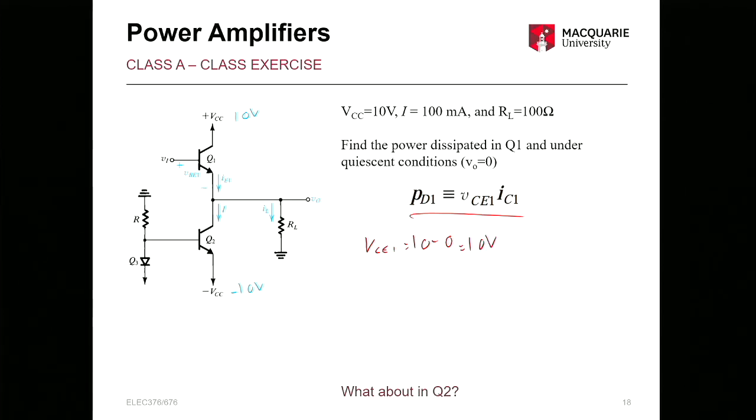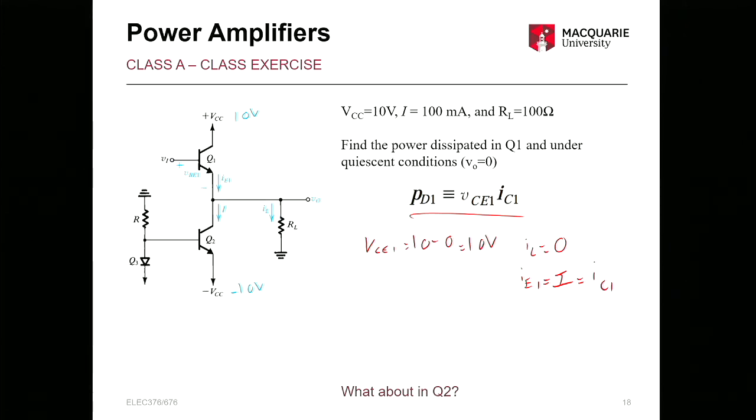If we've got 0 voltage at the output, then IL is going to be 0, so there's no current flowing through that resistor, which means our IE1 is going to equal I, and if we assume alpha is equal to 1, which if it's not stated is fair, then that's also equal to IC1.